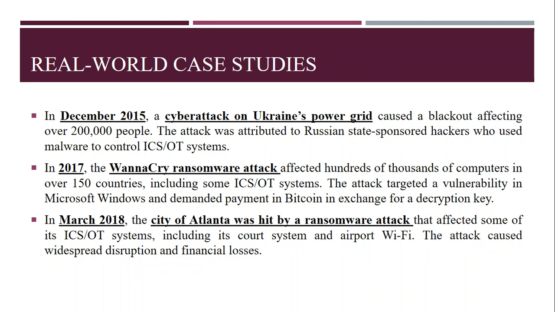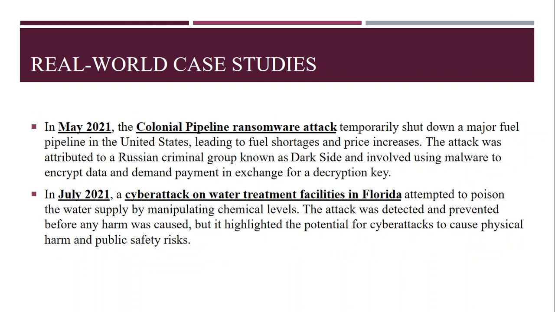In March 2018, the city of Atlanta was hit by a ransomware attack, which was also a kind of industrial control system attack, affecting its court systems and airport Wi-Fi, and causing wide disruption and financial losses.